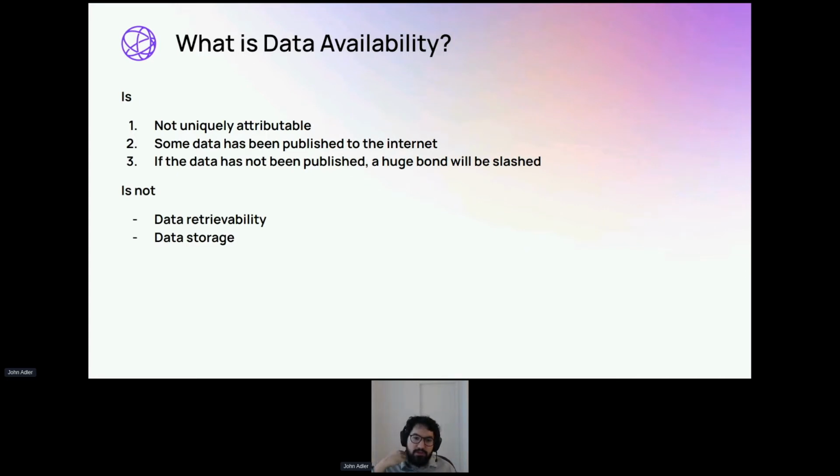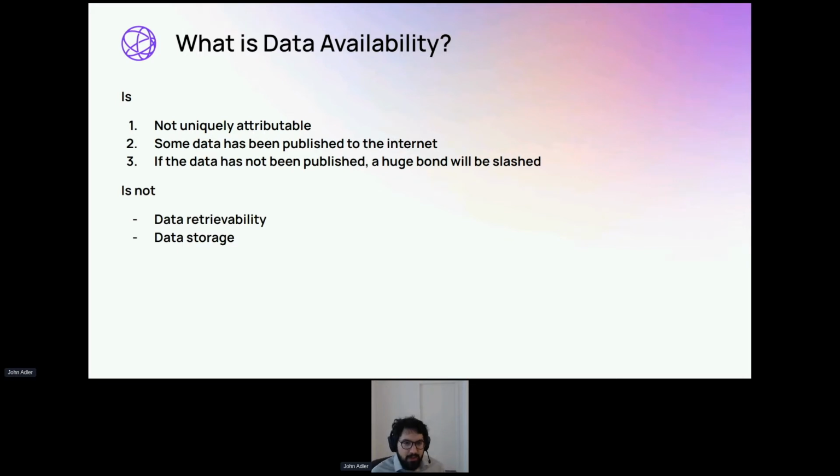There's also timestamping protocols like Open Timestamps. I don't know, there's a whole bunch of these. But these things aren't fundamentally data availability because they do not give you the guarantee that if some file is not available or some piece of data is not available, there will be a huge penalty.